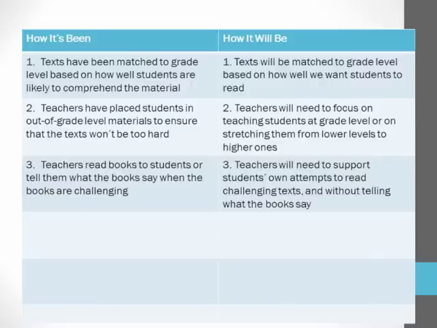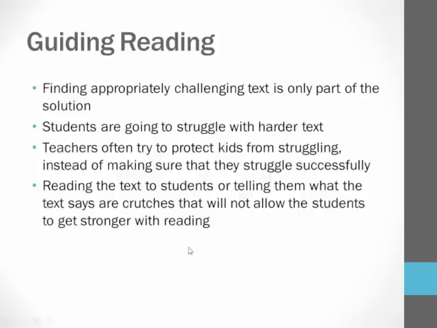And the teacher's response to that has generally been to either read such books to the kids or to tell them what the books say. And I think under Common Core, we need to get out of those procedures. We have to stop doing that. Teachers need to support students' own attempts to read challenging texts without telling them what the books say. And that's a really important shift and one that we need to talk about.